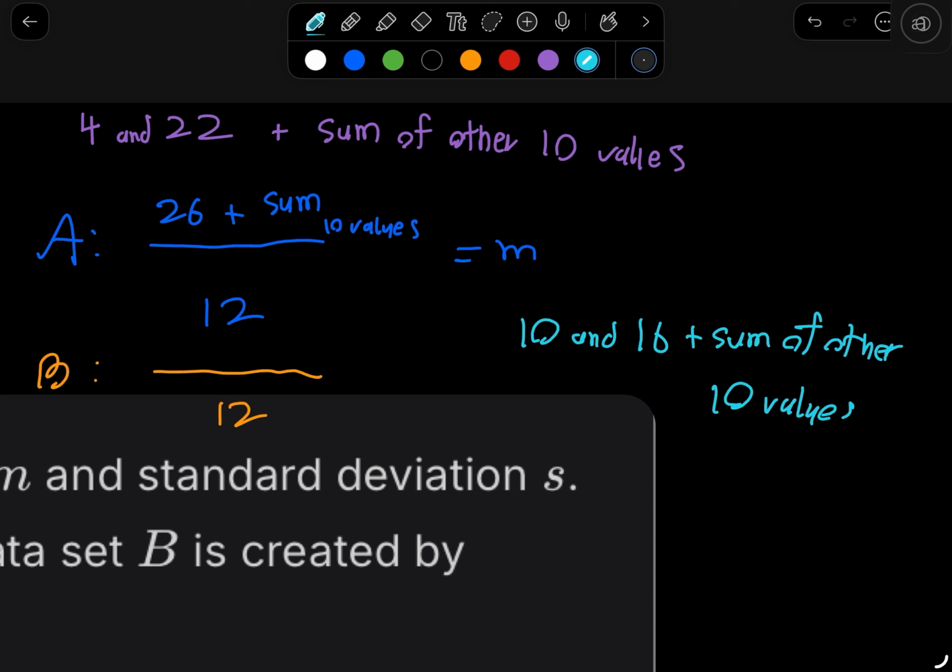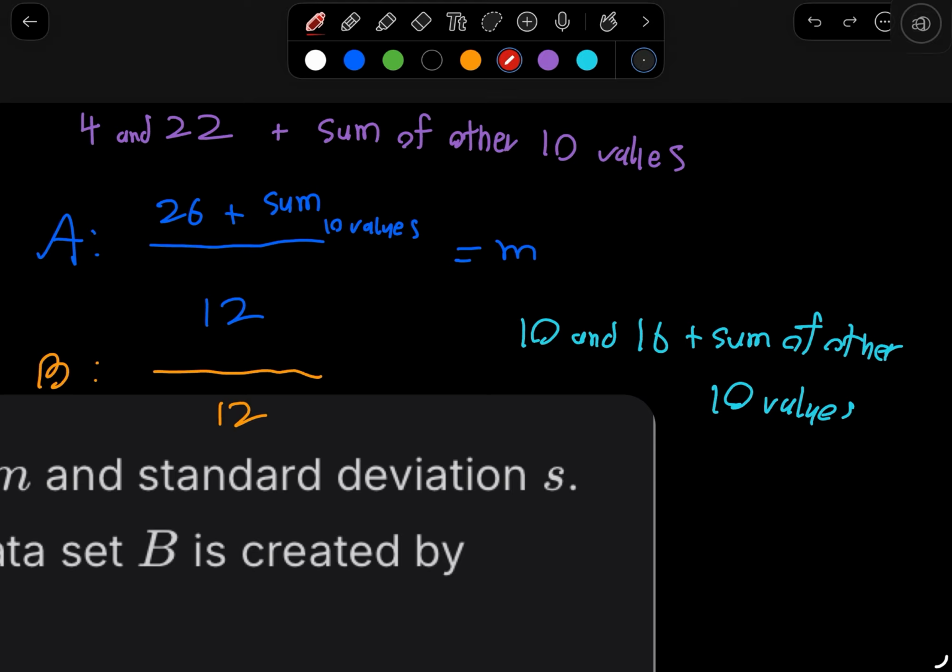Now the key thing to realize though is that the only difference between these two data sets are these two values, 10 and 16. The other 10 values are the same. Those don't change. So we know that those 10 values have to add up to the same sum.